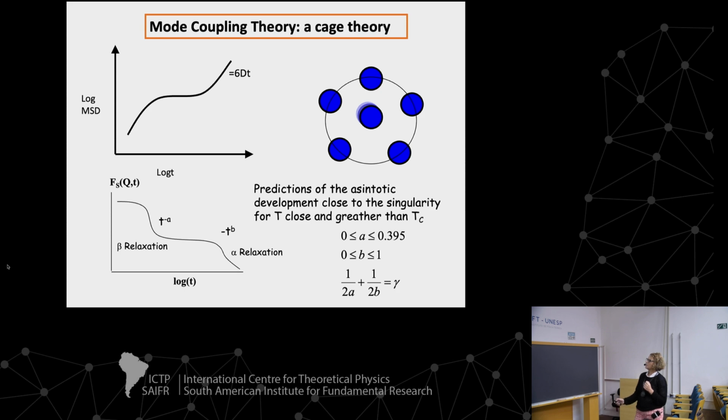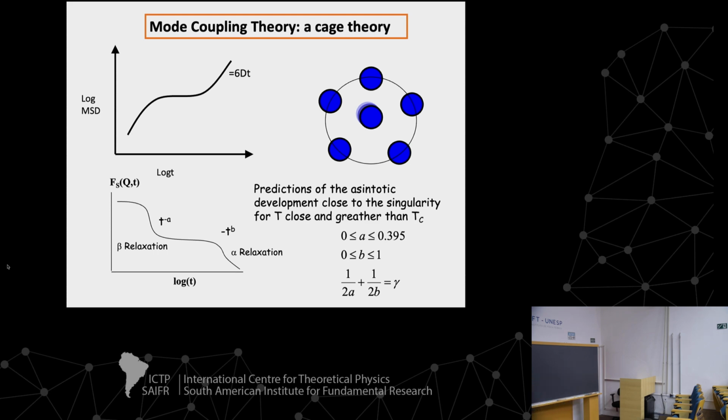And a must be between 0 and 0.395, and b must be between 0 and 1. These are the predictions of the asymptotic development of the theory close to the singularity, close to Tc, for T close to and higher than Tc.